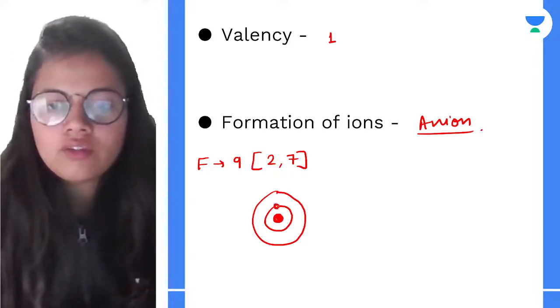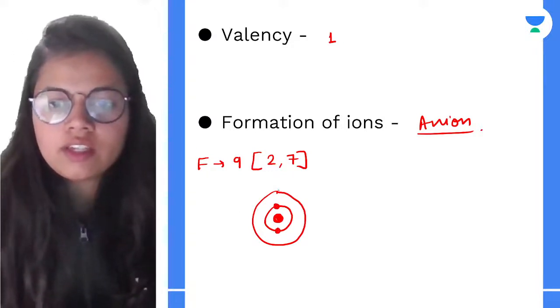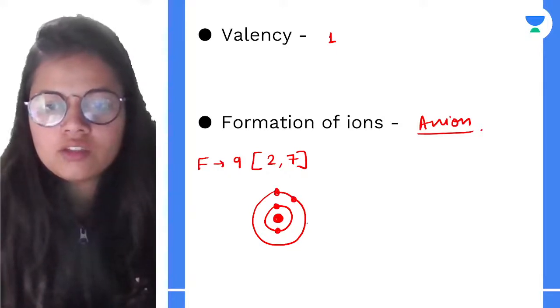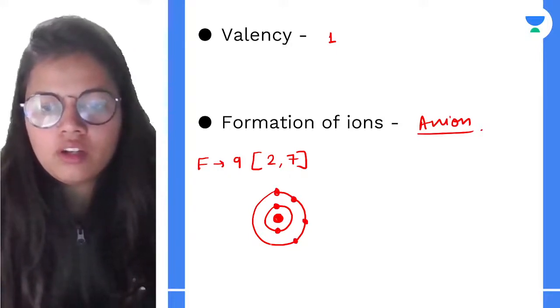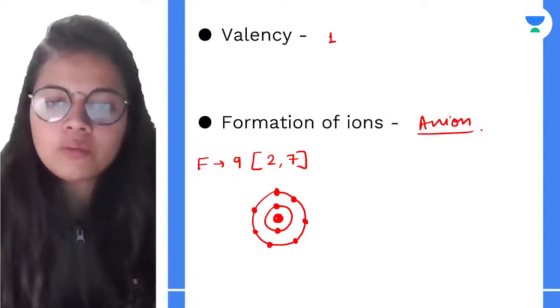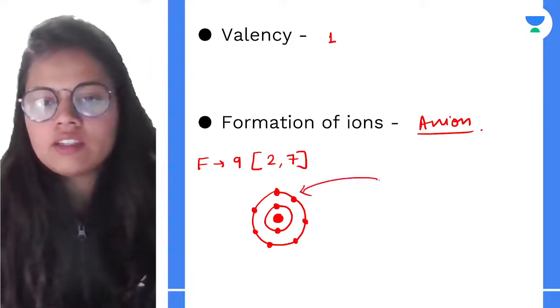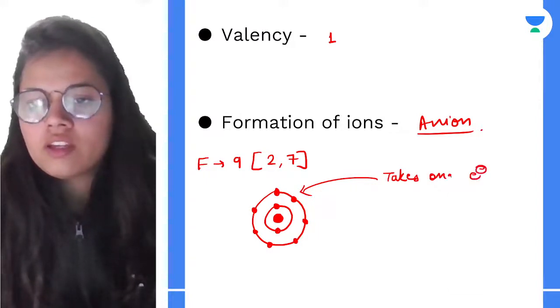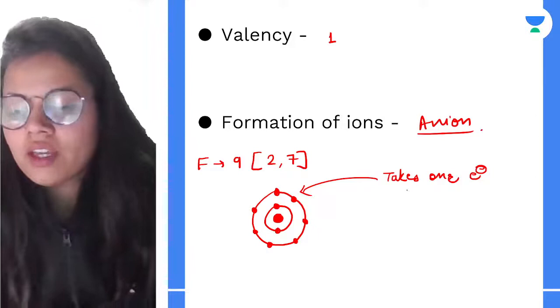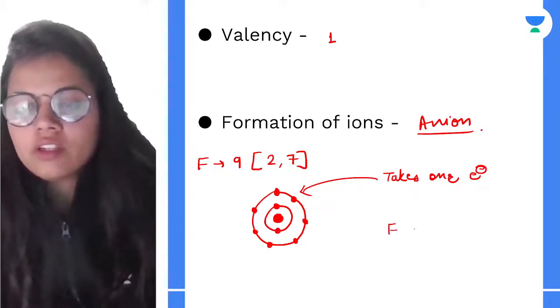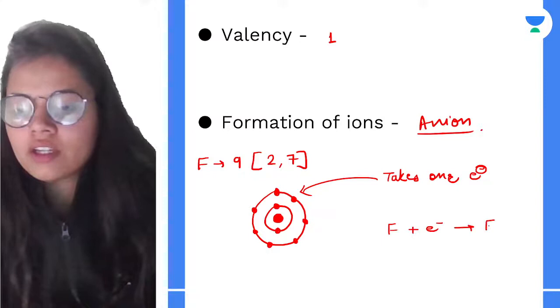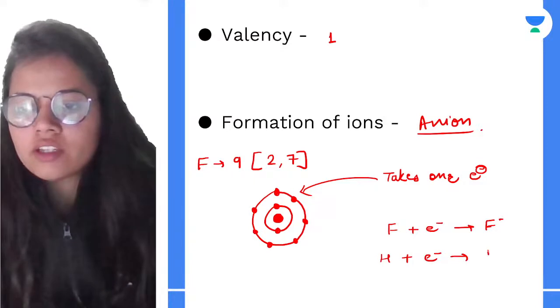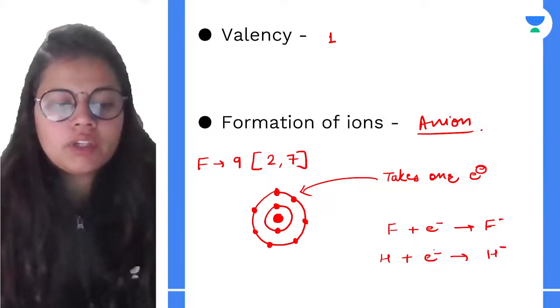In the first shell we have 2 electrons, in the second shell we will have 1, 2, 3, 4, 5, 6 and 7. So basically it needs one more electron, and it easily takes one electron. When it takes one electron, it forms an anion. So fluorine takes one electron to achieve a negative charge. Similarly, hydrogen does this to achieve a negative charge, and this is how it resembles.